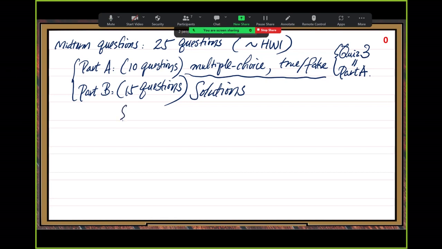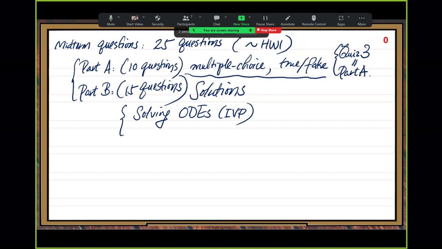The first type is solving ODEs, including initial value problems, IVP.